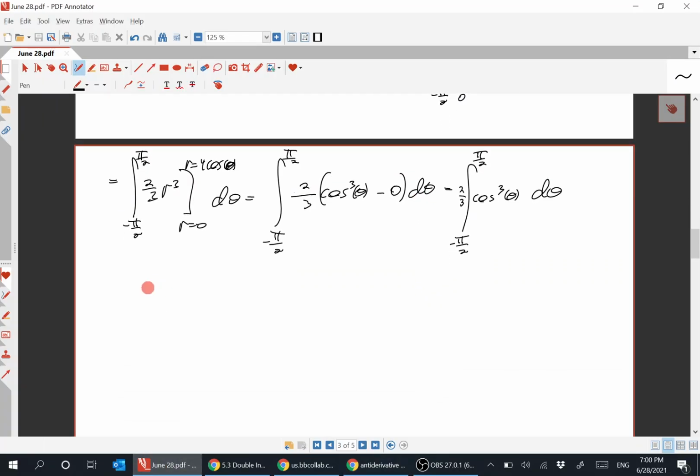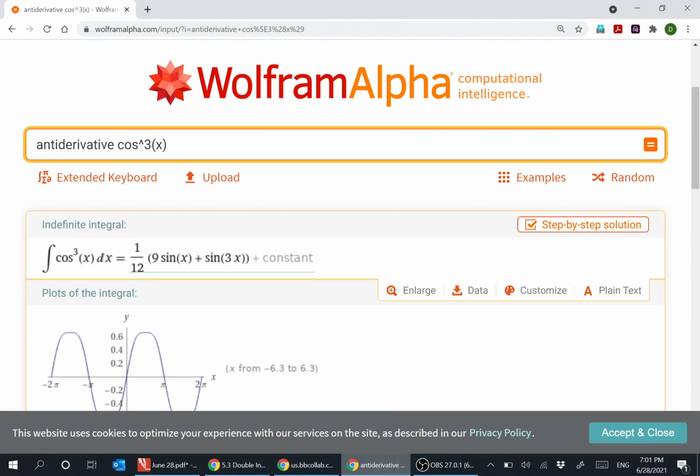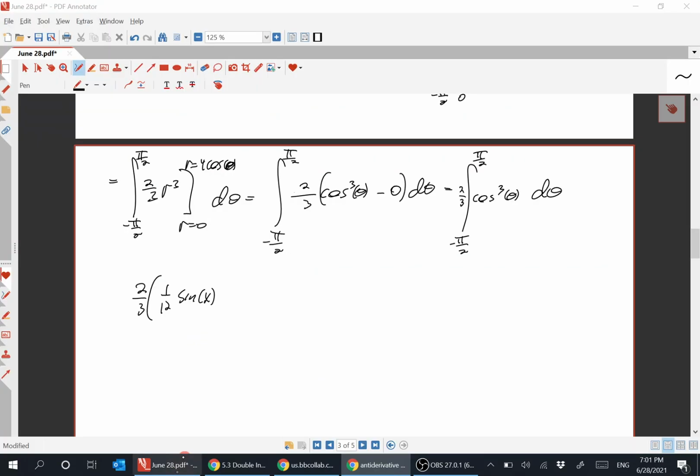So this is 2/3 times 1/12 times 9 sine x plus sine 3x.